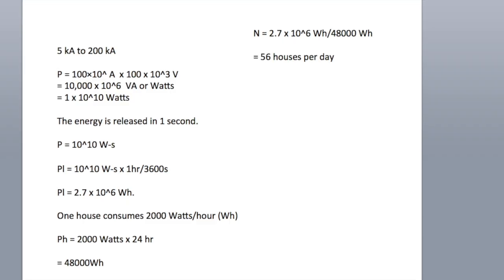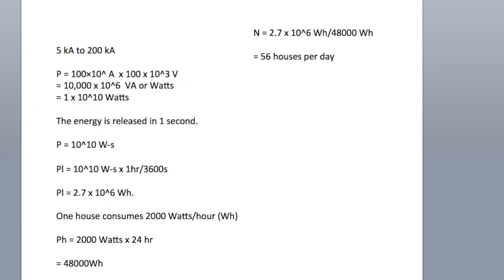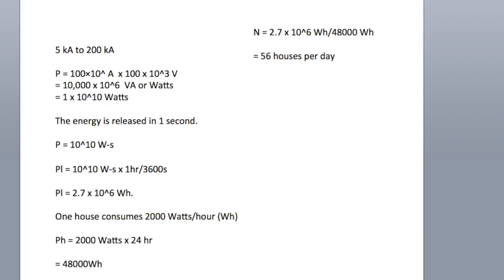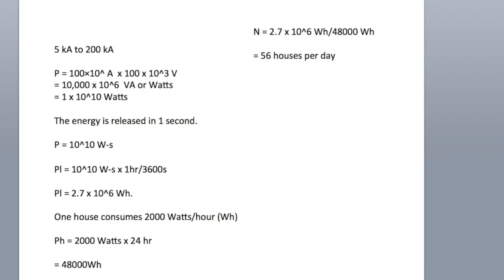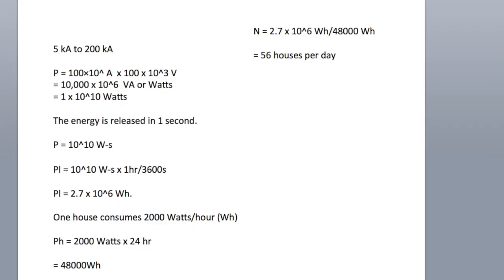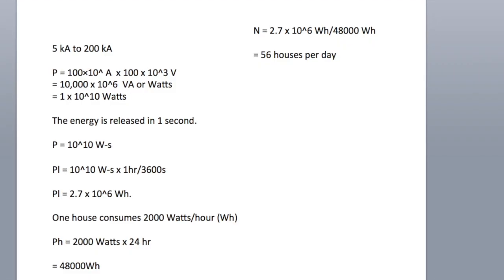There is uncertainty that there might be like 10,000 times 10 to the 6 watts in the air. Now let's assume that this energy is released in just 1 second. So the power gives 10 to the 10 watts a second.